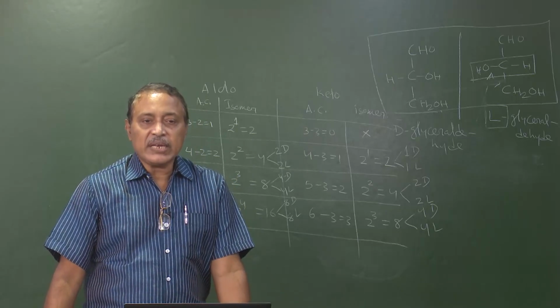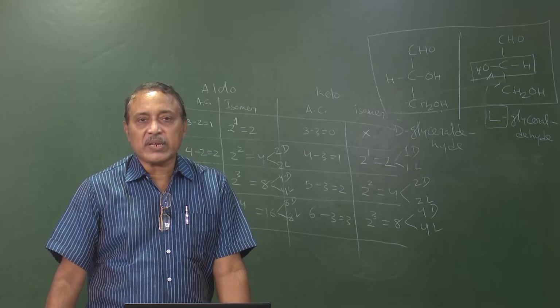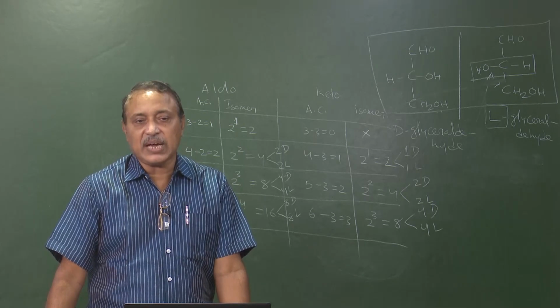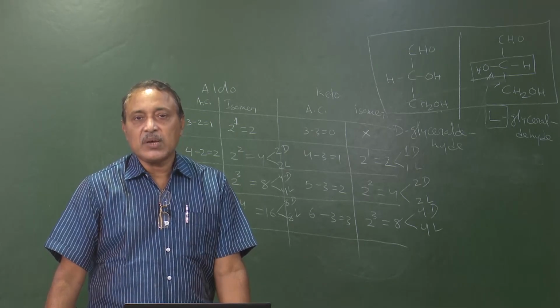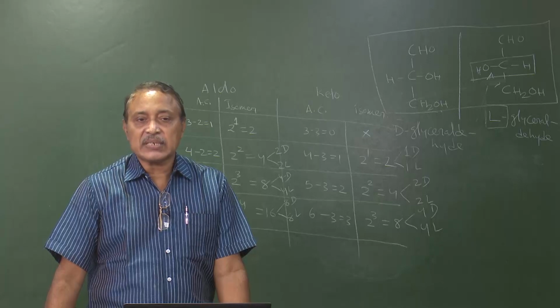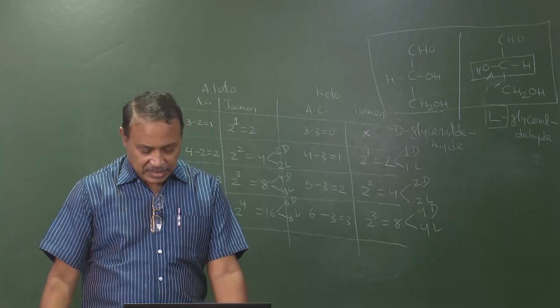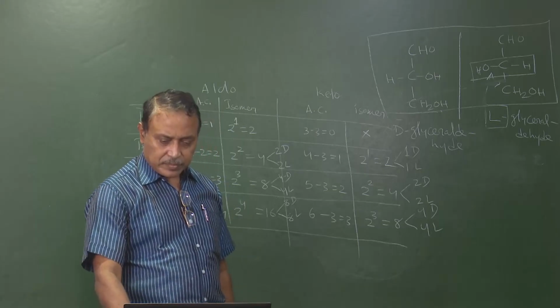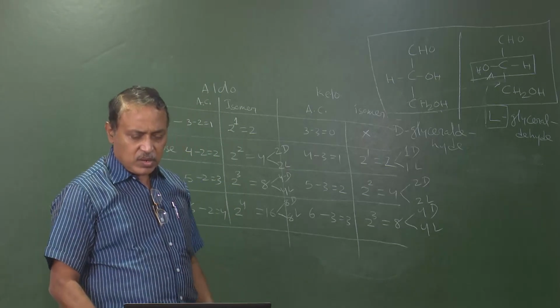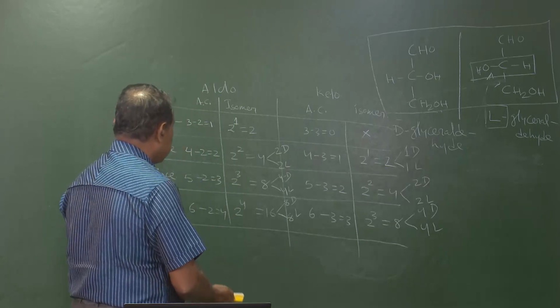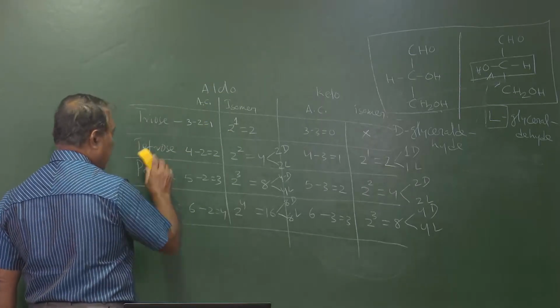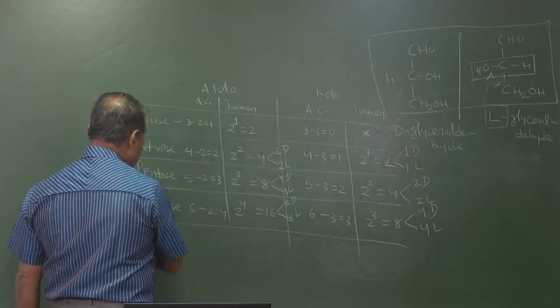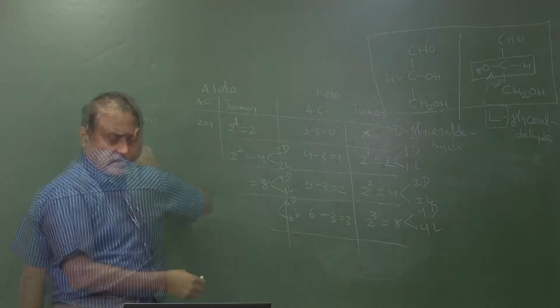And for any other purposes, whenever we require the L isomer of a D isomer, we simply take a mirror image and get it. For example, I will go first to the tetrose. Triose I have already discussed. I will now go for the tetrose.